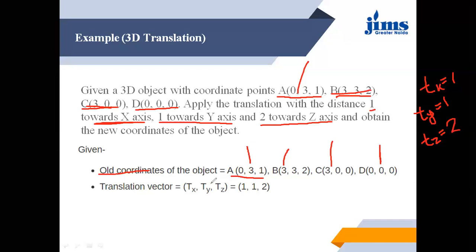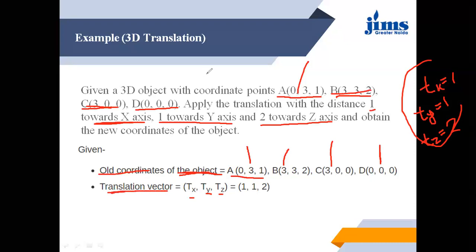Now we have the values of the old coordinates. We know the values of tx, ty, tz. We discussed on the last slide that we call it the translation vector also.